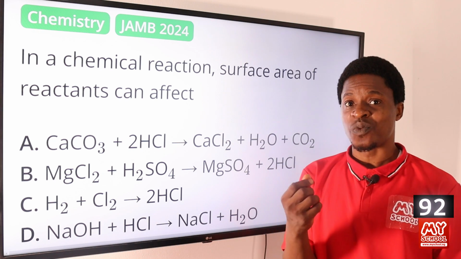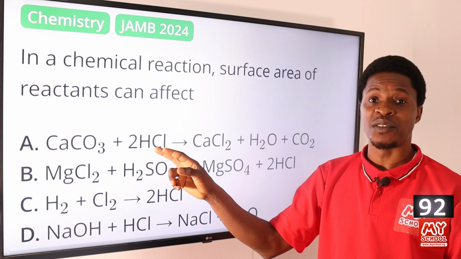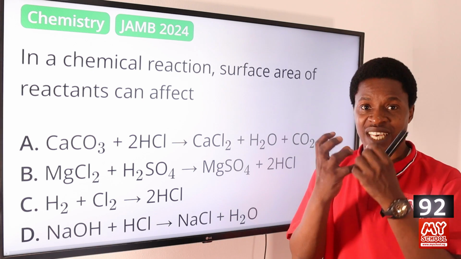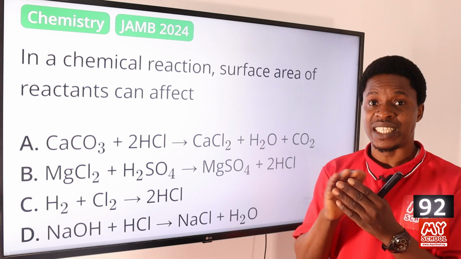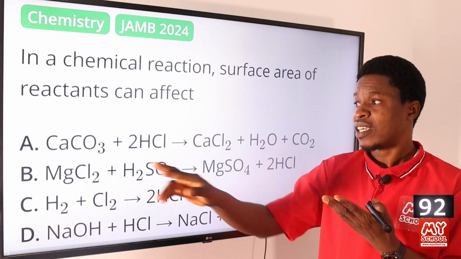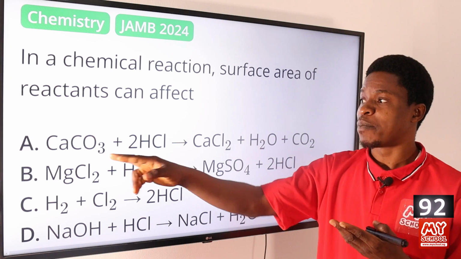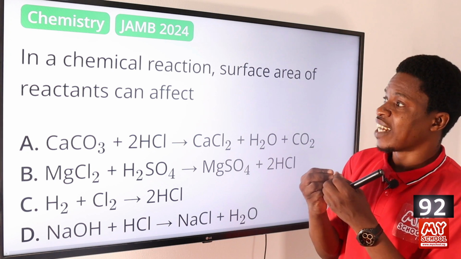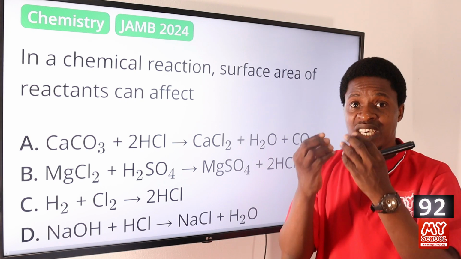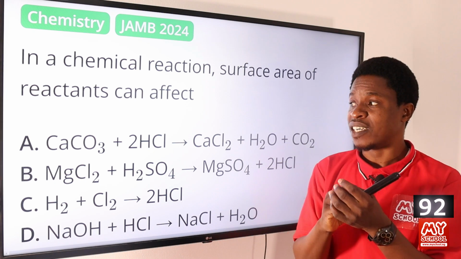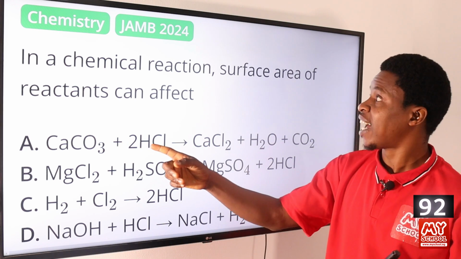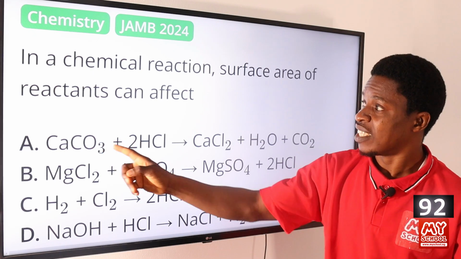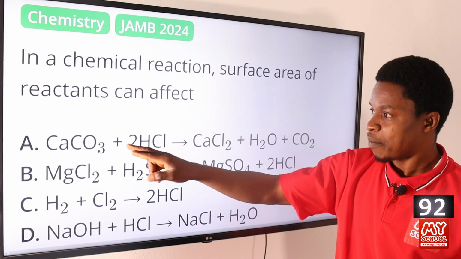And when you add hydrochloric acid to those particles, you will see the gas CO2 being given off, and there will be dissolution of that calcium carbonate. Once that is happening, all of the surface area of that reactant will be affected because the particles will come in contact with HCl. So the surface area of this reactant in this chemical reaction can be affected.